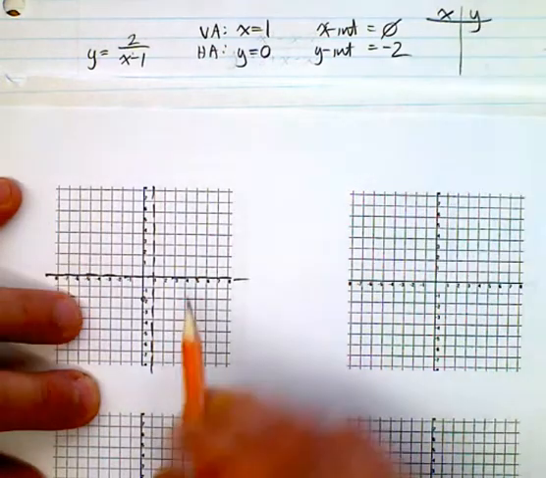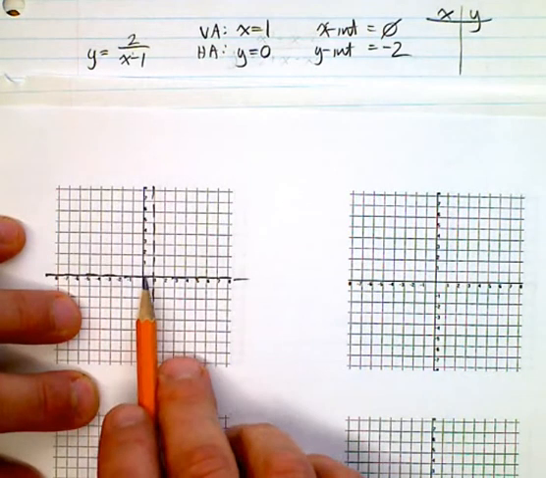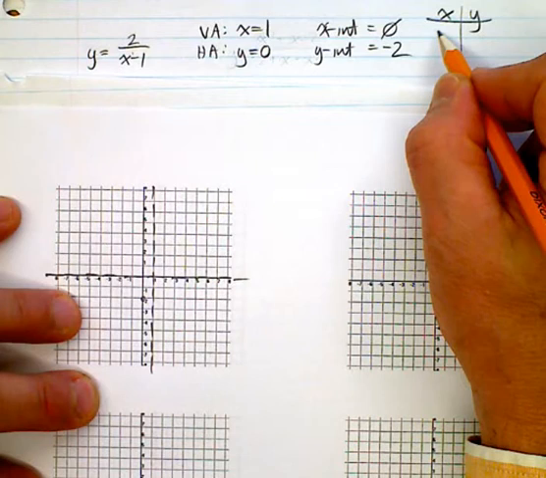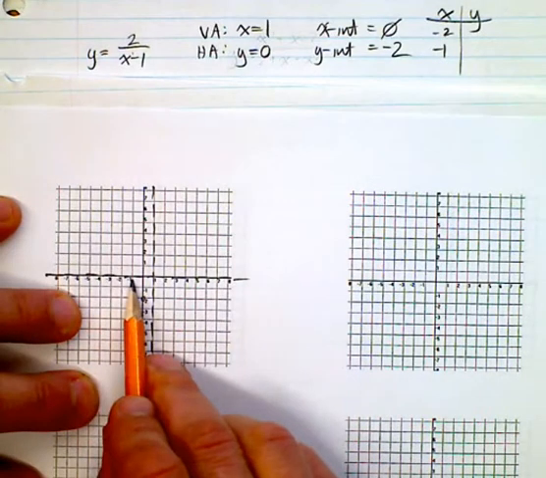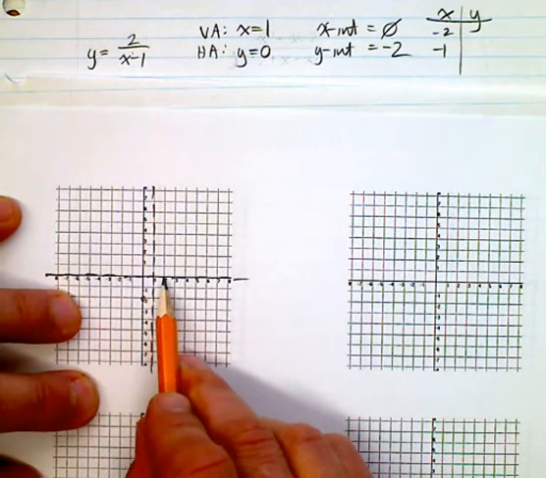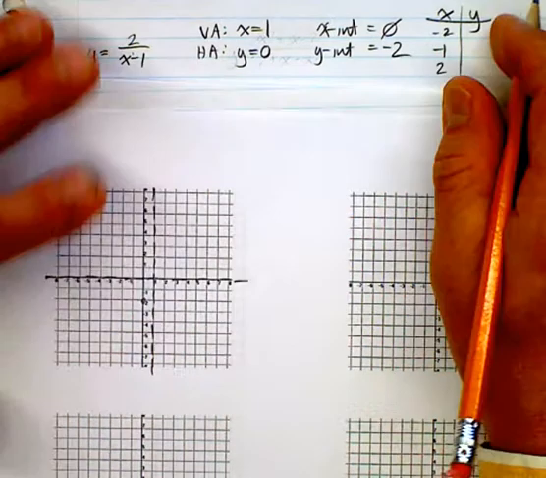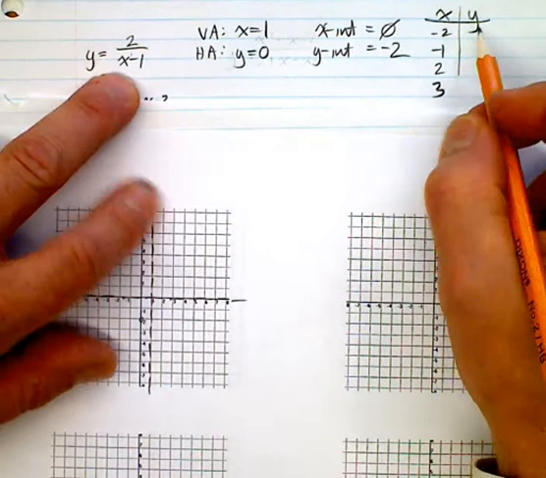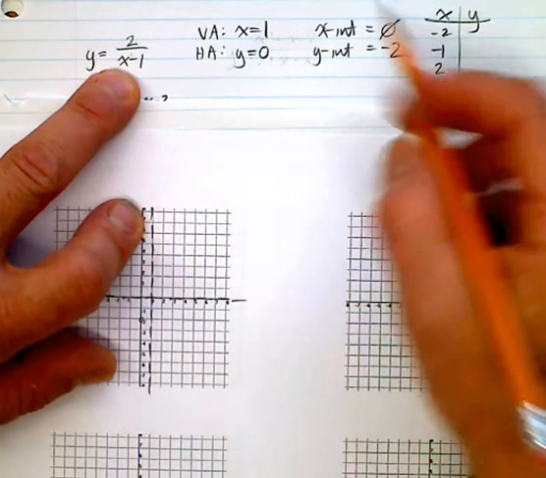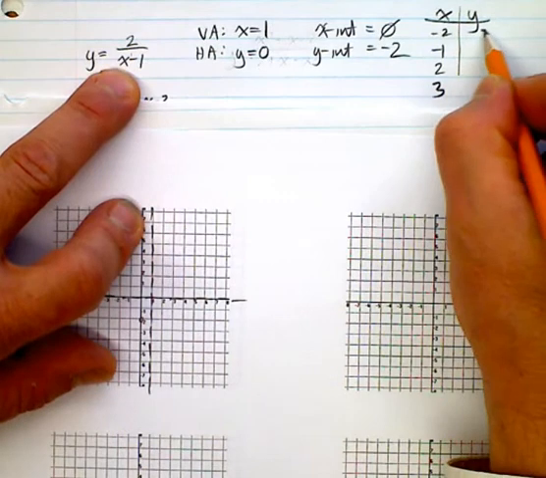Now we're going to go on either side. I already have 0, so how about we go negative 2, negative 1, and then 2 and 3. If x was negative 2, negative 2 minus 1 is negative 3, so that would be negative 2/3.